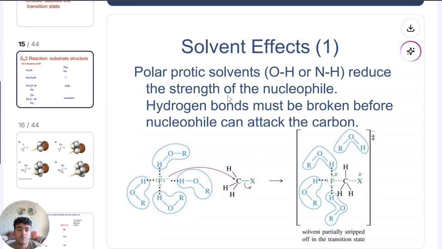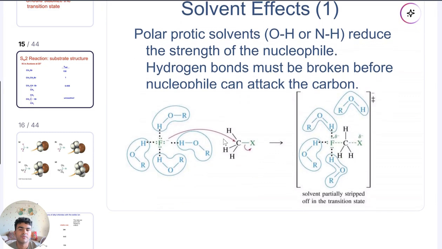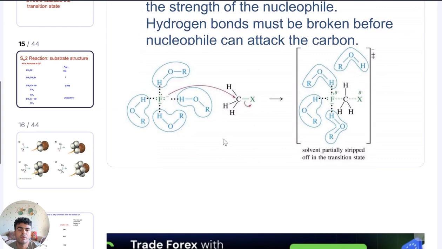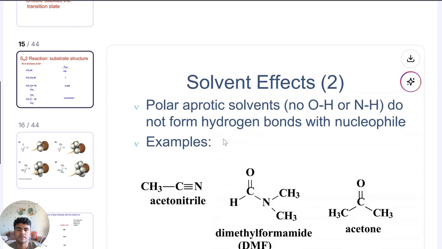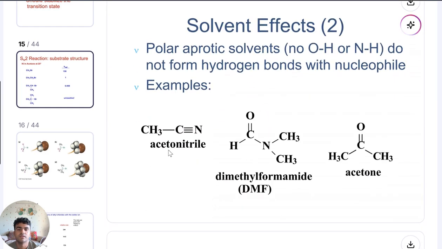Sorry, in polar aprotic solvent, because in polar protic solvent, hydrogen bonding will take place with the nucleophile, and that's why nucleophiles are less free to attack. That's why polar aprotic solvent will be a favorable condition for the SN2 reaction. Yes, there is acetonitrile, dimethyl formamide, and acetone.